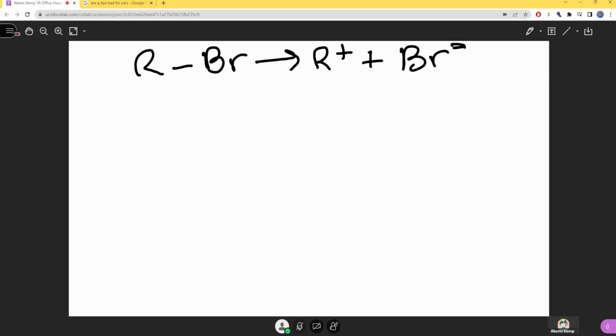All right. 17. Consider the following bond heterolysis. So they have R-Br to R plus and Br minus, where R is an alkyl group.